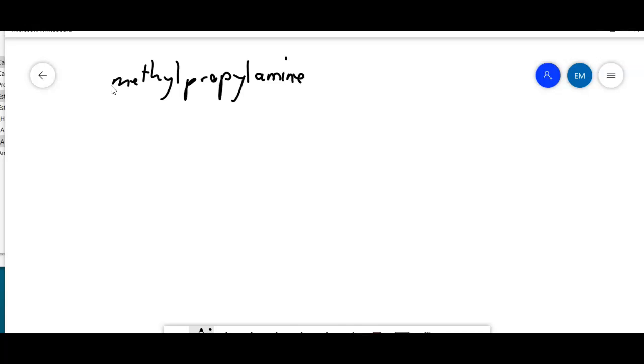If there were 3, you'd have dimethylpropyl, or trimethyl, or tripropyl, or something like that. So you've only got 2 there. So we know that we have nitrogen, 1 hydrogen here, and then we're going to have CH3 and a propyl group.